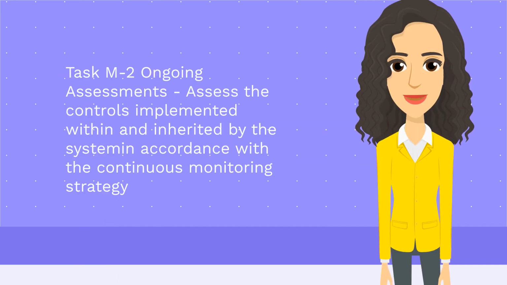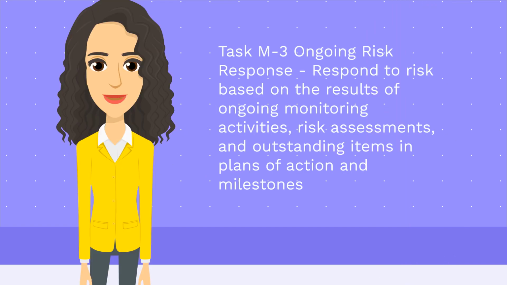Task M2. Ongoing assessments. Assess the controls implemented within and inherited by the system in accordance with the continuous monitoring strategy. Task M7. System disposal. Implement a system disposal strategy and execute required actions when a system is removed from operation.